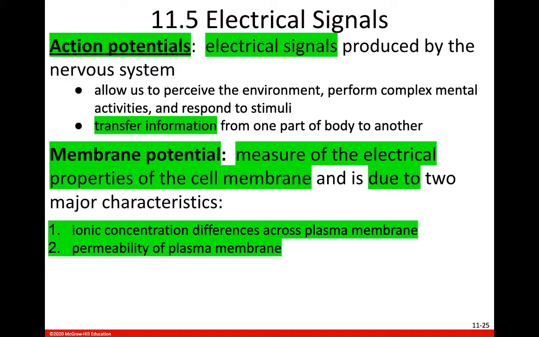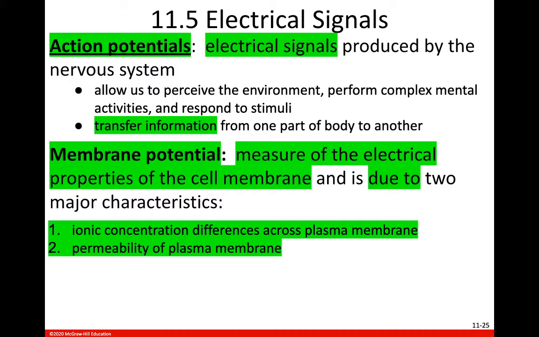So again, remember that an action potential is an electrical signal that is generated in your nerve cells, in your nervous system. It basically is just an electrical signal that transfers information from one part of your body to another. This is how our brain transfers information to our muscles to tell us to move, to walk, to pick up our pencil, whatever the case may be.